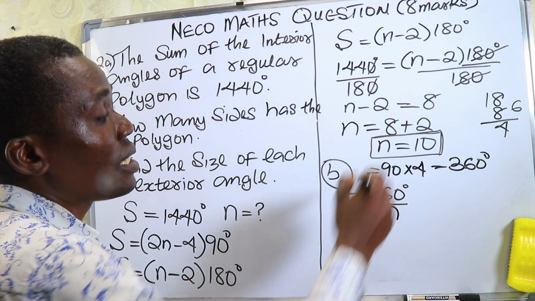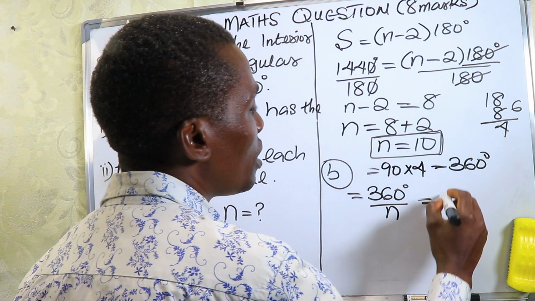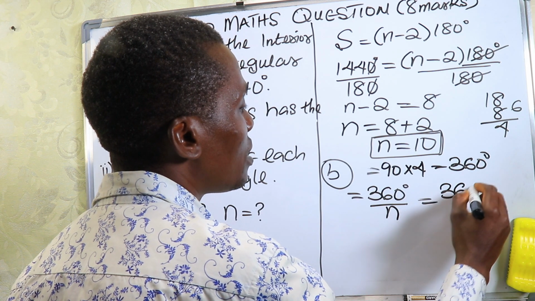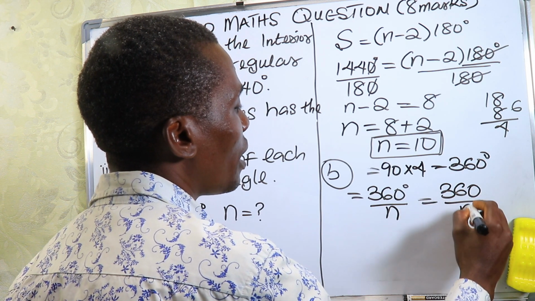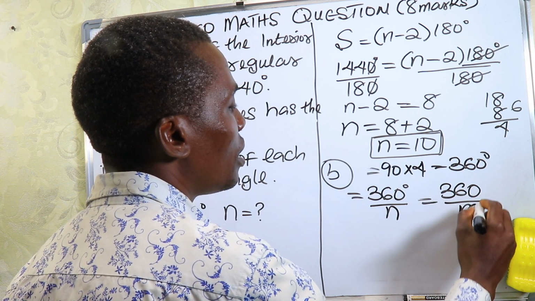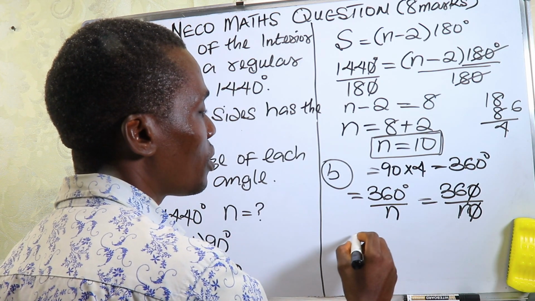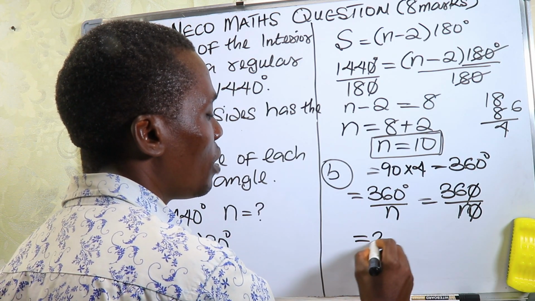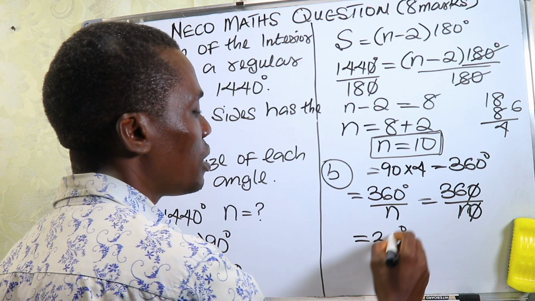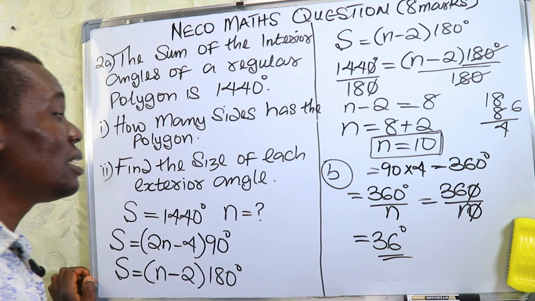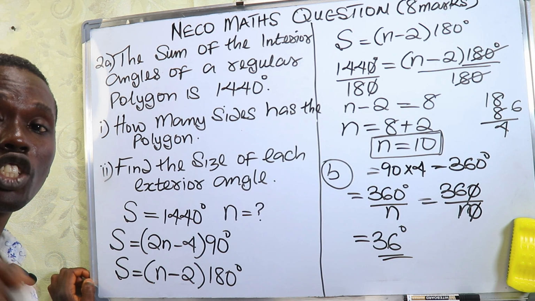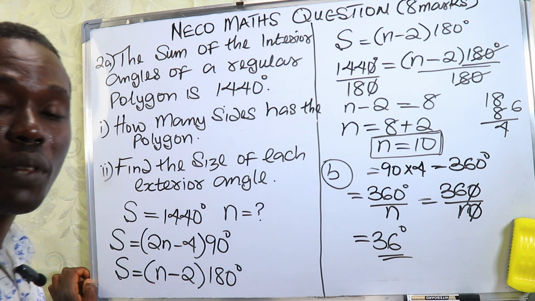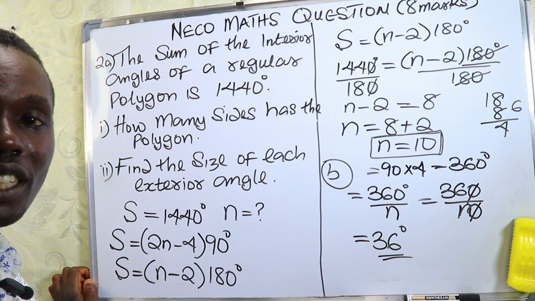So if the number of sides is n, this will simply give us 360 divided by n, which is 10. 0 cancels out 0, and then this will give us 36 degrees. So that means the size of each exterior angle is simply 36 degrees.